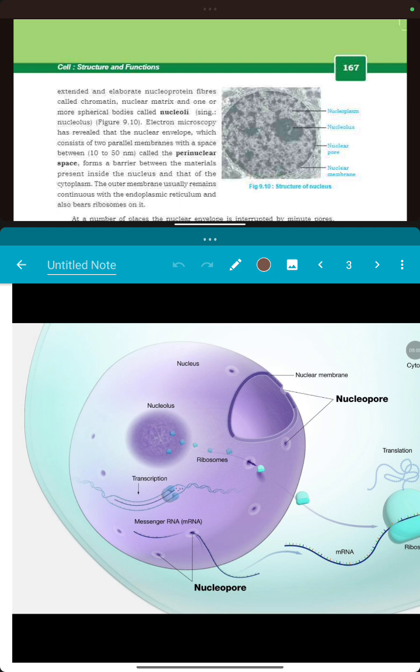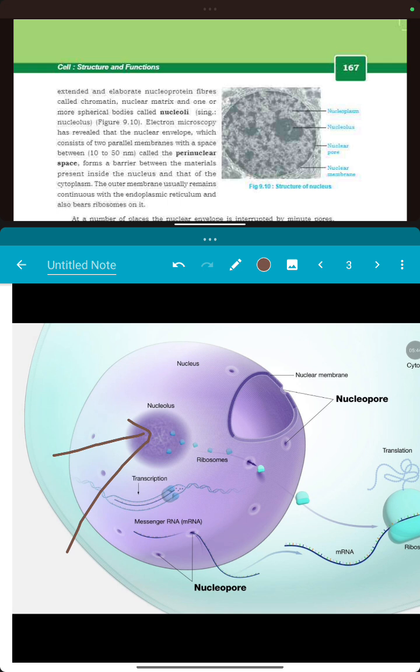And see, here the whole spherical thing is the nucleus. Inside it, this is known as the nuclear matrix. And this more spherical body is known as nucleoli. This is spherical and it was known as nucleoli.